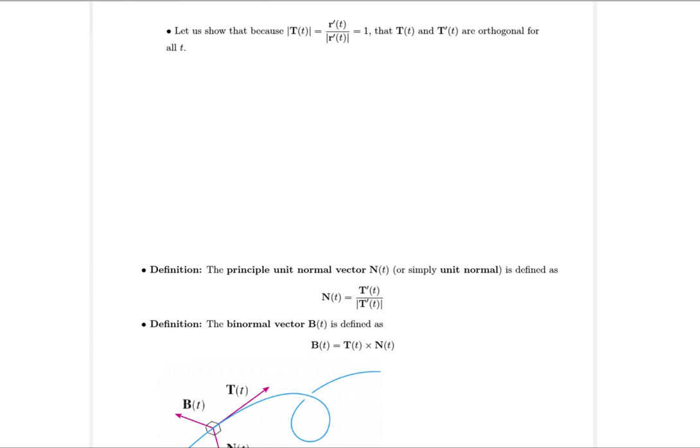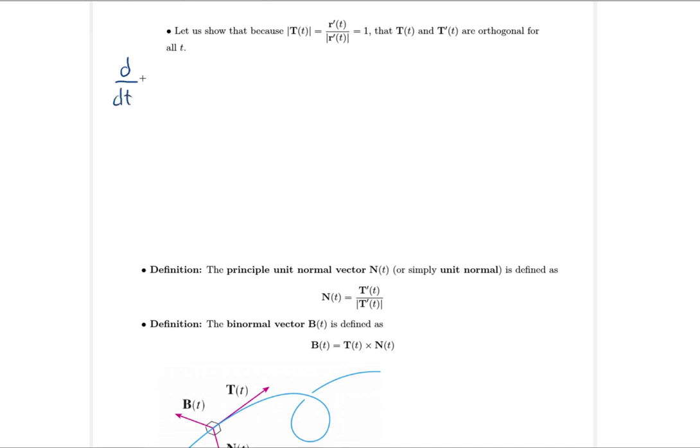It turns out that the unit tangent and its derivative are always orthogonal to one another. And the reason that's the case is because of the product rule.